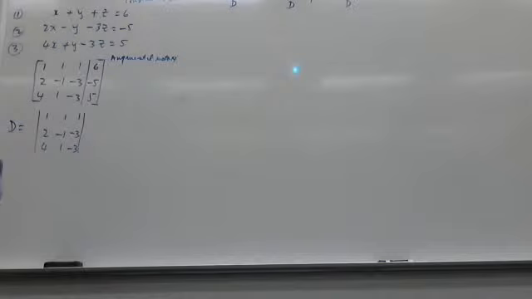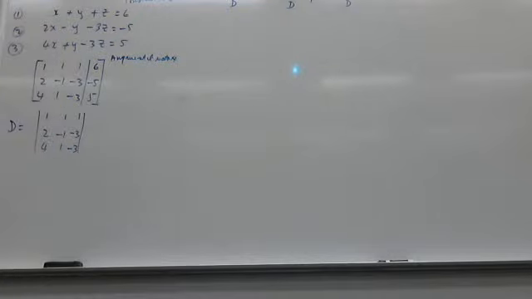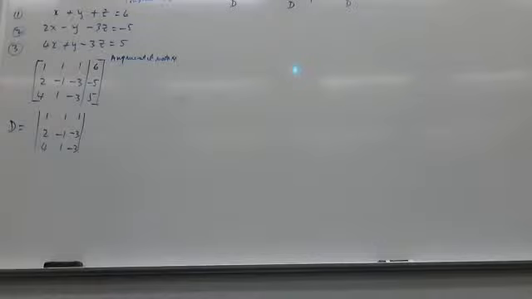What I will be doing is that I will expand this determinant, this 3 by 3, which is a square matrix, by what we call the cofactor and minor. What this says is that if A is a square matrix, then the minor of the entry in the ith row and jth column, also known as the ij minor, is the determinant of the submatrix formed by deleting the ith row and the jth column.